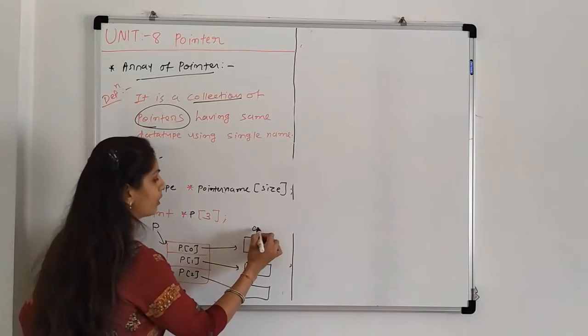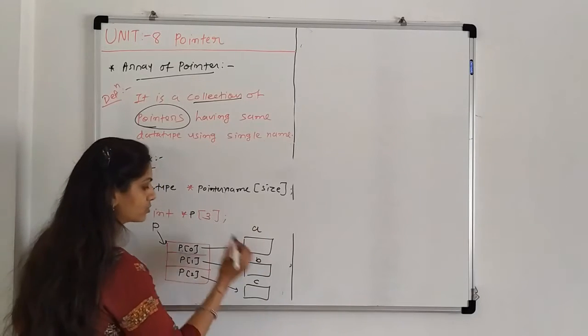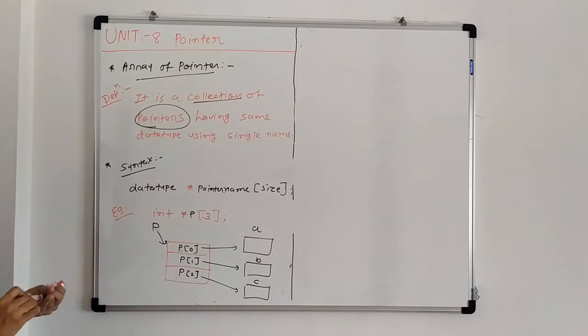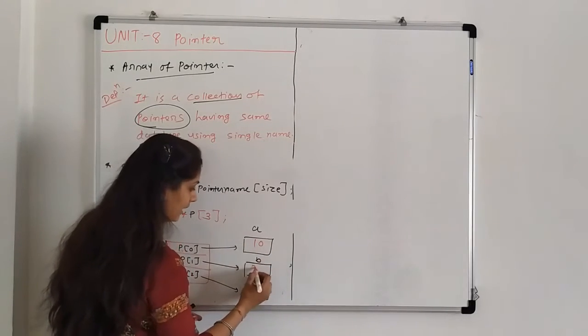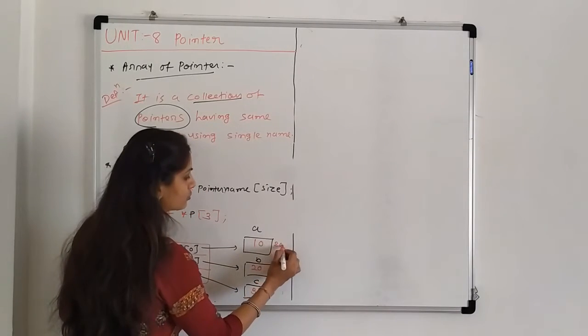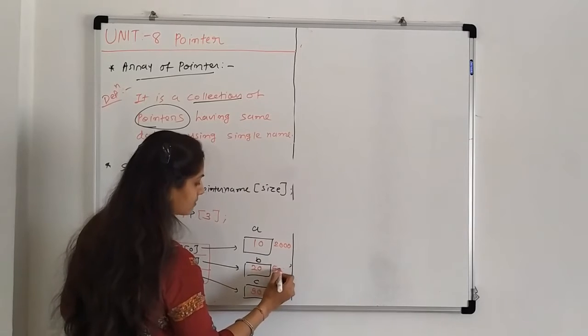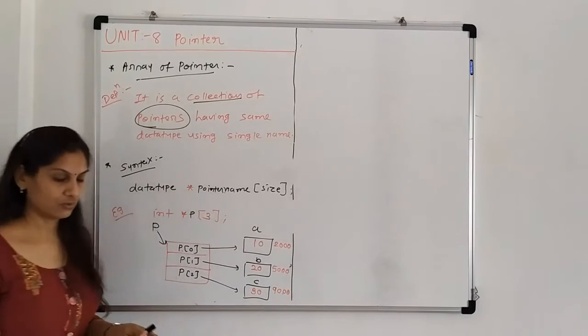Suppose P0 points to A, P1 points to B and P2 points to C. And suppose A has value 10, B has 20 and C has 30. The address of A is suppose 2000, the address of B is suppose 5000 and the address of C is suppose 9000.